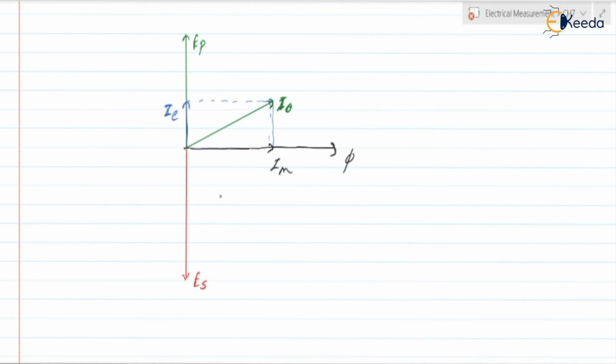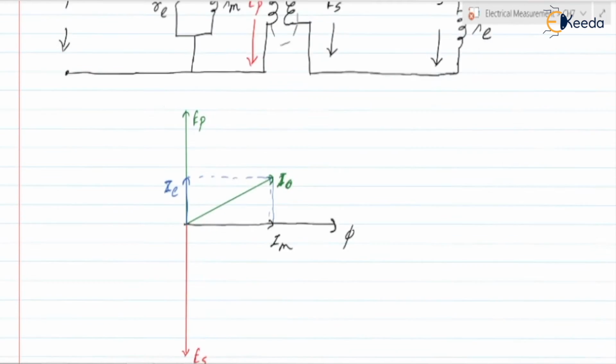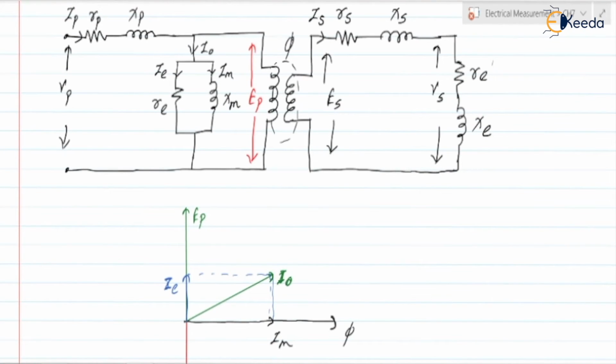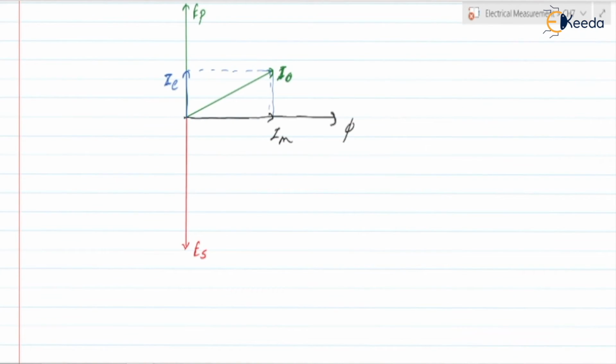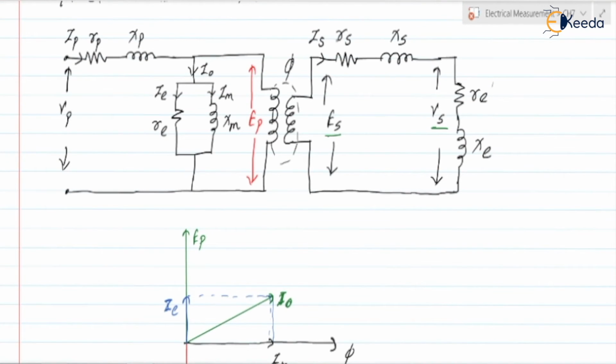Next, the secondary terminal voltage will lag Es by some angle, and that angle is tan inverse of Xs by Rs, the angle between Es and Vs. The angle between Es and Vs will be defined by Rs and Xs.